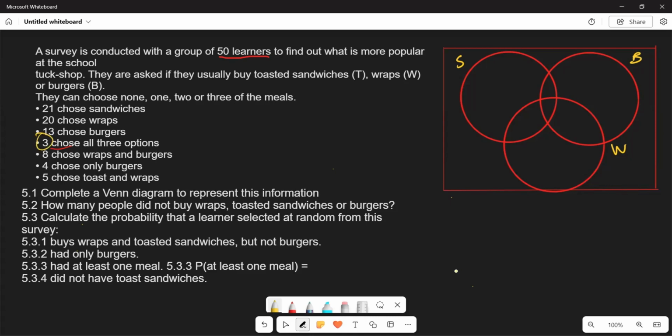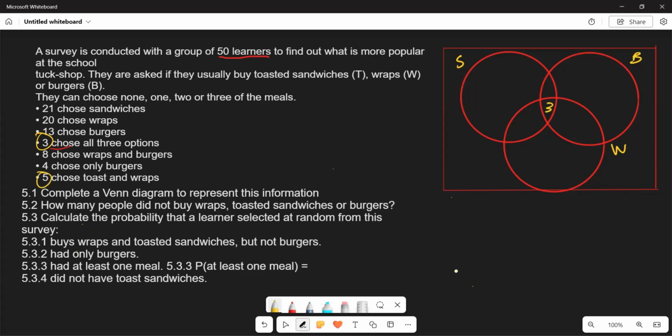So they are saying we have 3 who have chosen all the 3 options. So which means the first thing that you are going to have here is the 3, because the 3 represents the 3 of them, right? And now after that, you are going to move to those who chose at least 2. Let's start from this one.